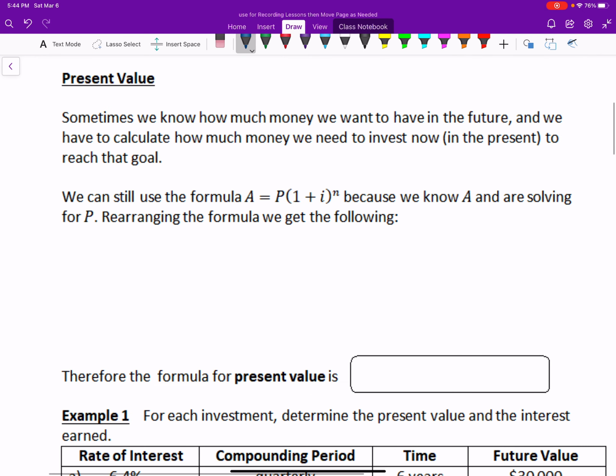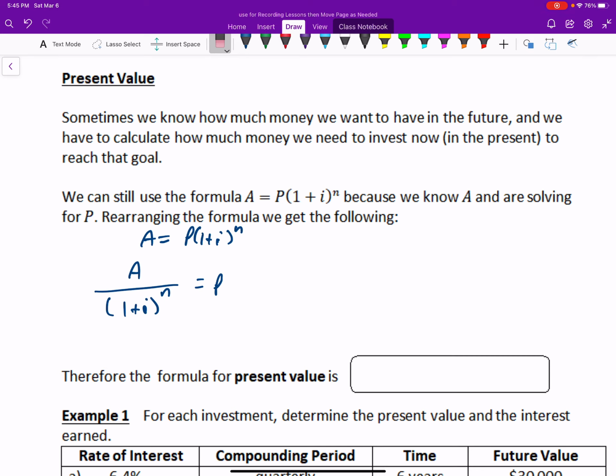Here are the steps. If I start with just writing down the formula, A = P(1 + i)^n, and I want to isolate P, obviously I'm going to divide both sides by (1 + i)^n. So I'd have A over (1 + i)^n, and I need to keep the 1 + i in brackets, to make sure that I add them together before I do the division.